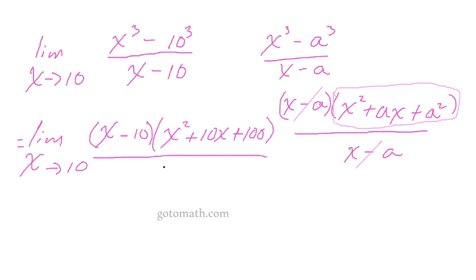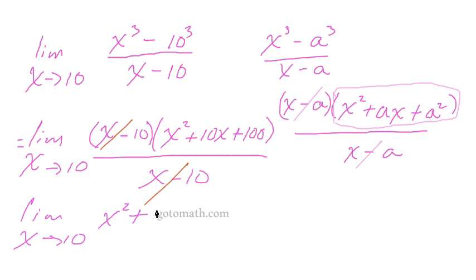And this is all over x minus 10. So as you can see, these are going to cancel out, and then we can go back and rewrite our limit as x approaches 10 of x squared plus 10x plus 100.